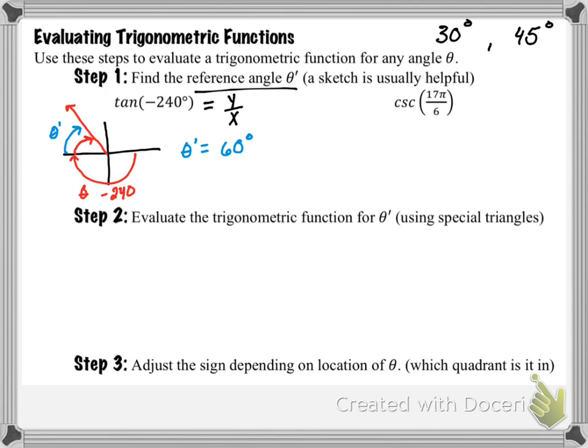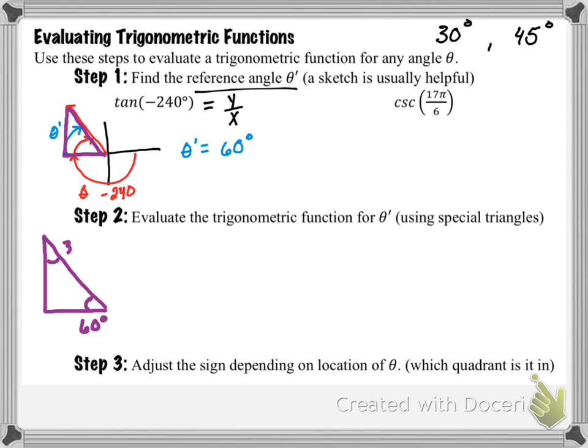So how this is useful then is I'm able to create a right triangle where this angle right in here is 60 degrees.